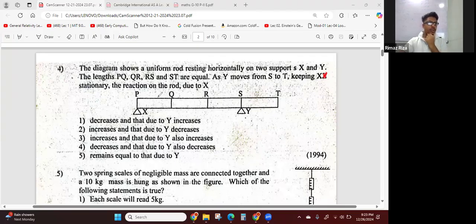The reaction on the rod due to X. So you want to find this reaction, let's say R1, and here the reaction is R2. So what would happen to R1 if we change Y as Y moves from S to P?